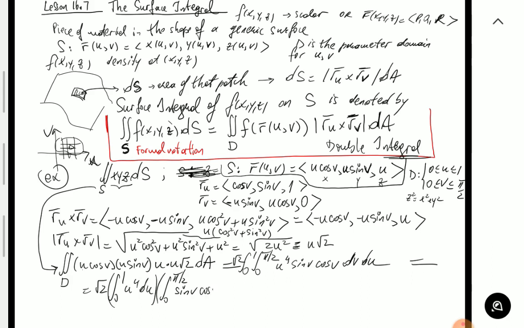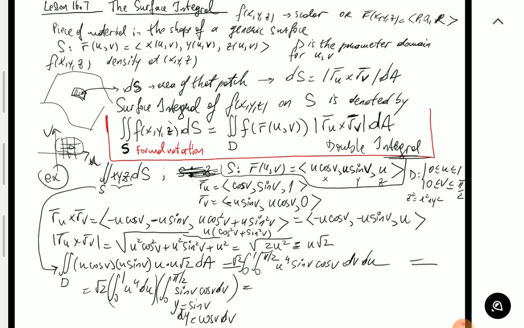And the second integral in v, there's a u-substitution you can perform here. I'm going to use a different variable, let's say y equals sine of v, dy is cosine of v dv. So I hope it's clear that you get 1/2 sine squared when you do that substitution.